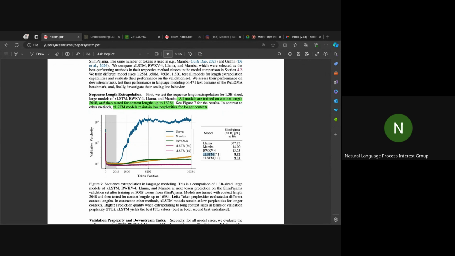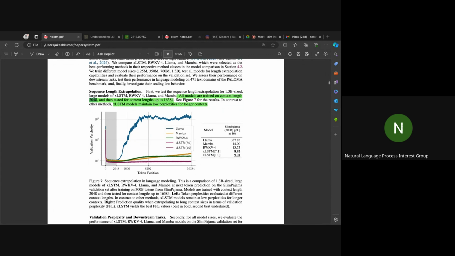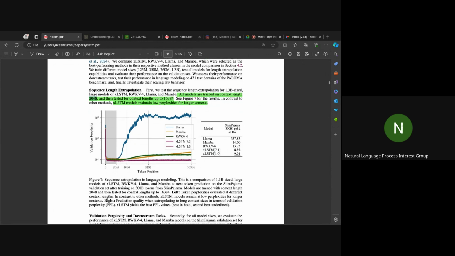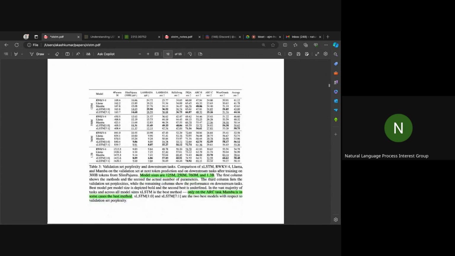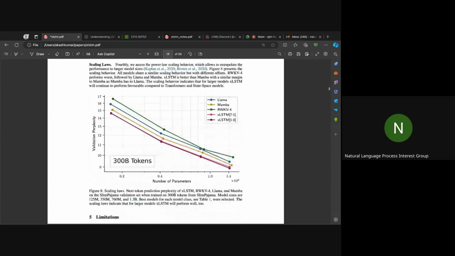The xLSTM architecture performs well up to a sequence length of 16,000, even though it was just trained on a sequence length of 2048. Which is a good feature to have. And I will quickly wrap this up now.